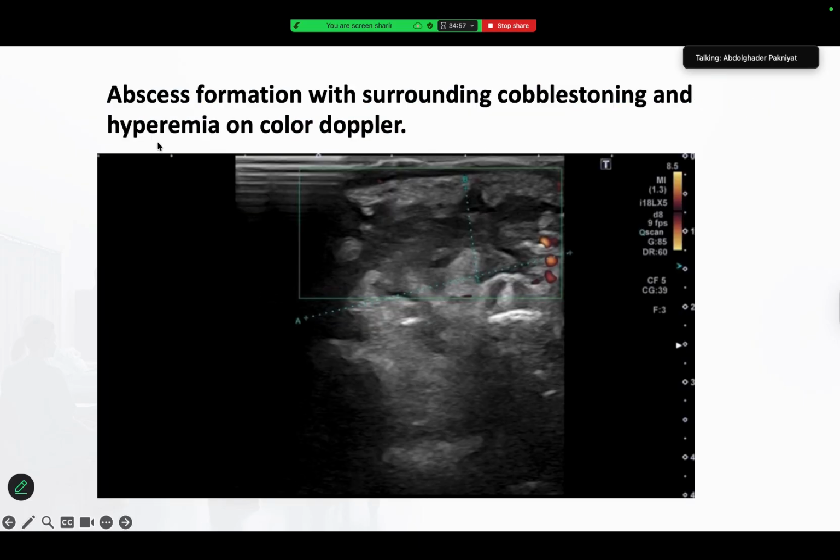And if you see here, there is an abscess with cobblestoning. So if you find a cobblestoning picture in your ultrasound, it doesn't mean there is no abscess. We need to scan the adjacent areas also to make sure there is no abscess. And with the color Doppler, we have hyperemia, which means inflammation.